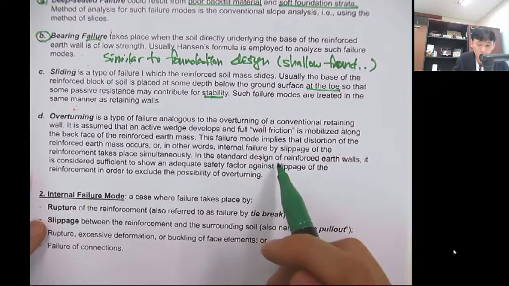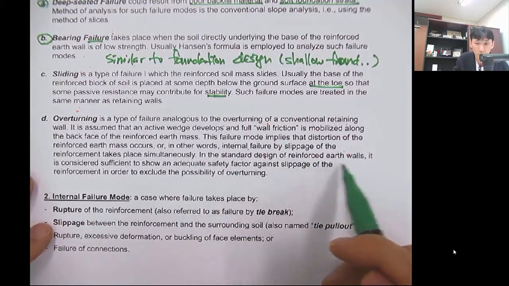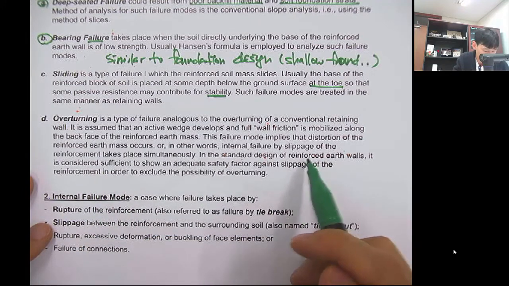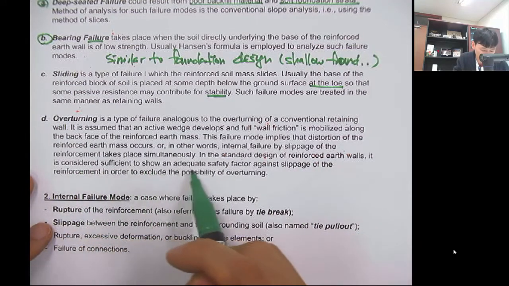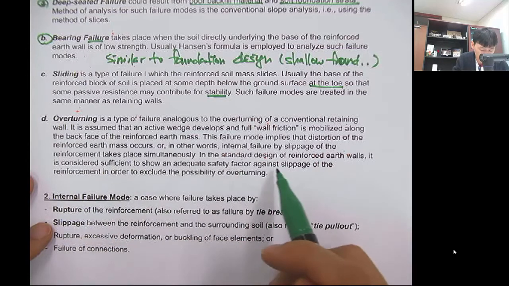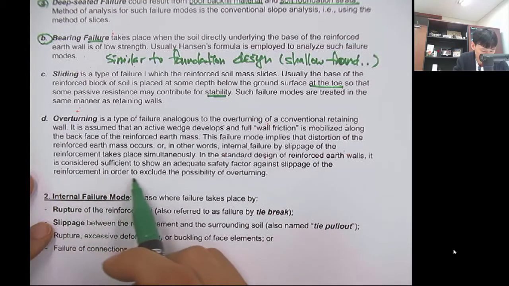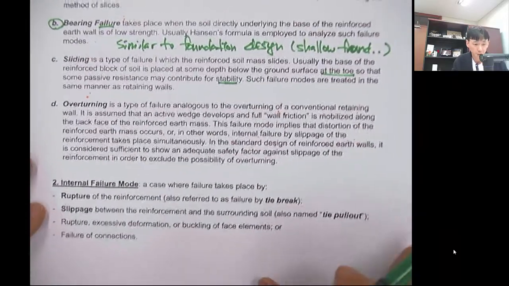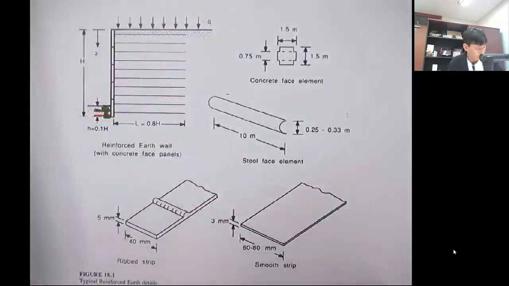In the standard design of reinforced earth walls, it is considered sufficient to show an adequate safety factor against slippage of the reinforcement in order to exclude the possibility of overturning.